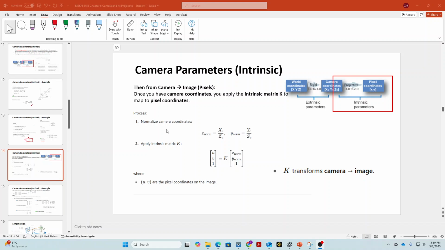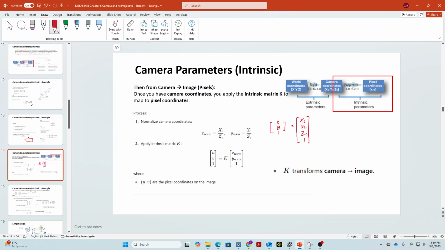So what we need to do is normalize the camera coordinates. For example, just now you have x, y, 1, so this is xc, yc, zc and 1.